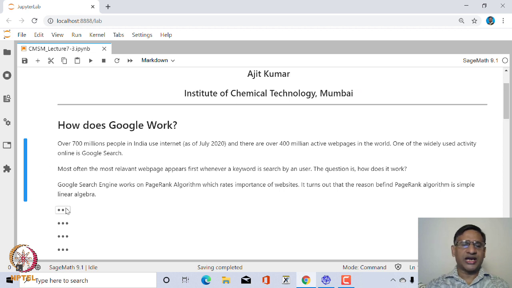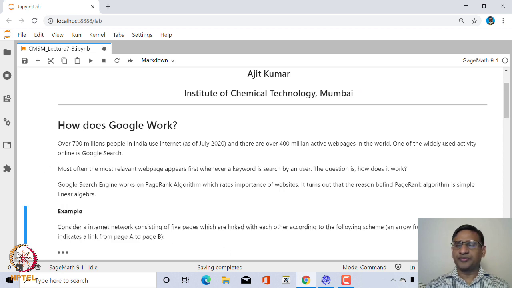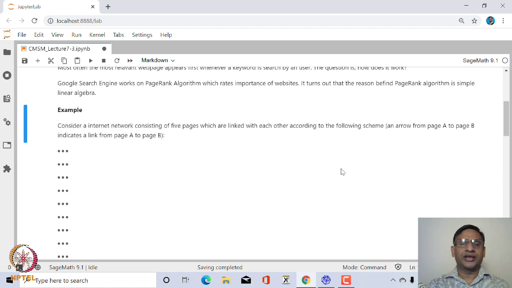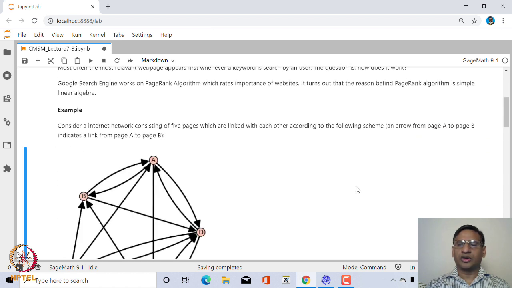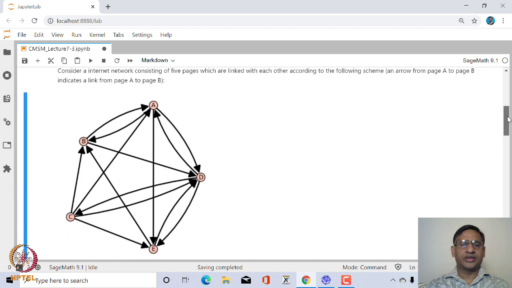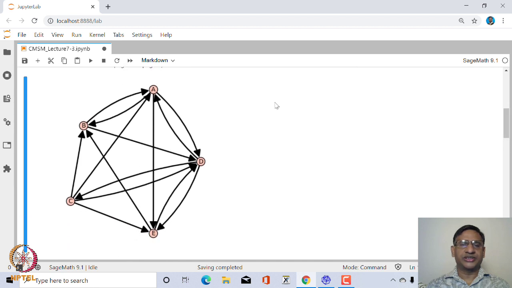Let us start with a simple internet network of 5 web pages A, B, C, D, E, and the arrow means there is a link from one website to another. For example, there is an incoming arrow at A from C. So, there is a link or hyperlink from the website C to A, right.